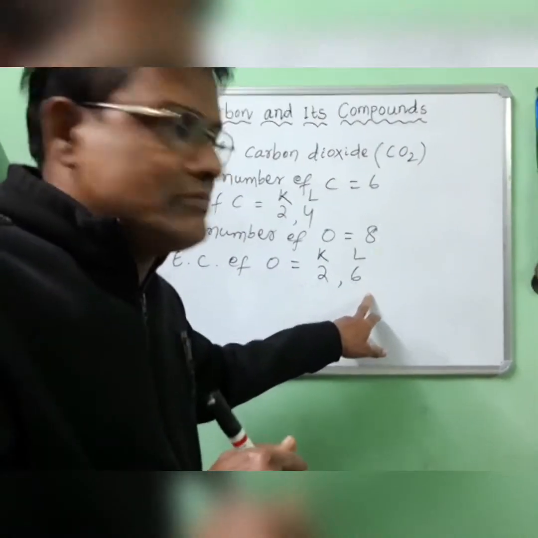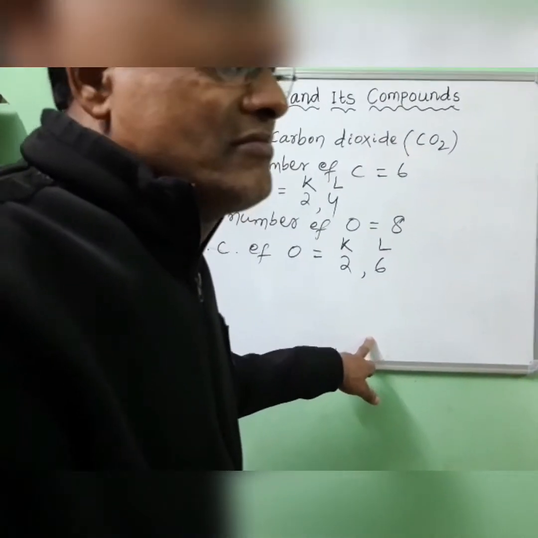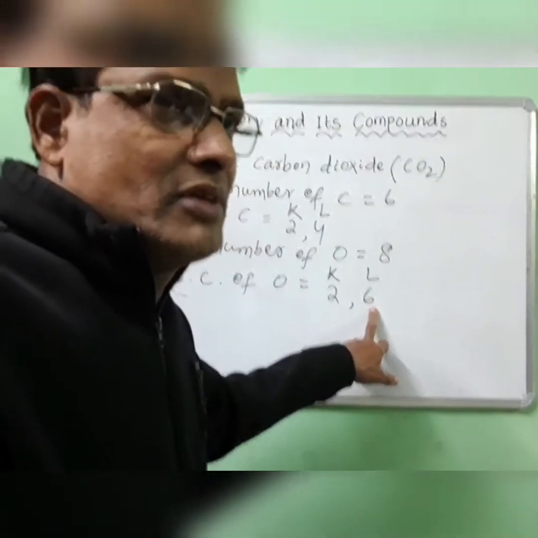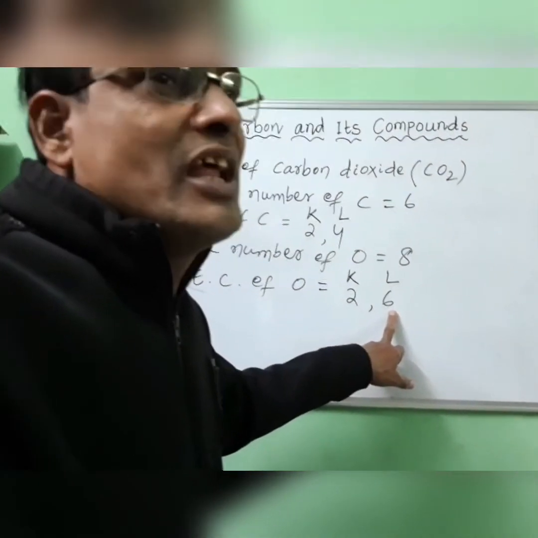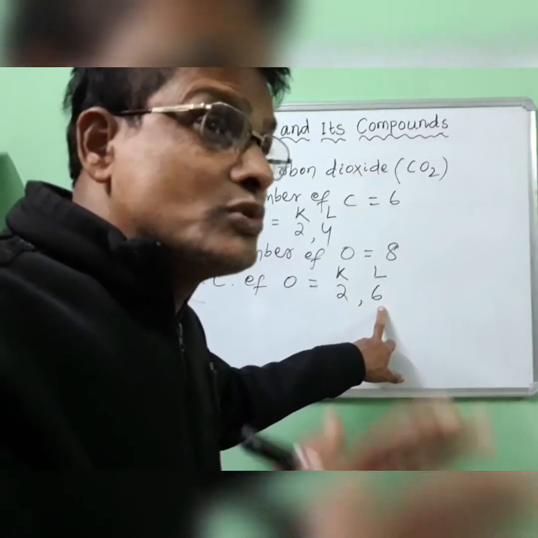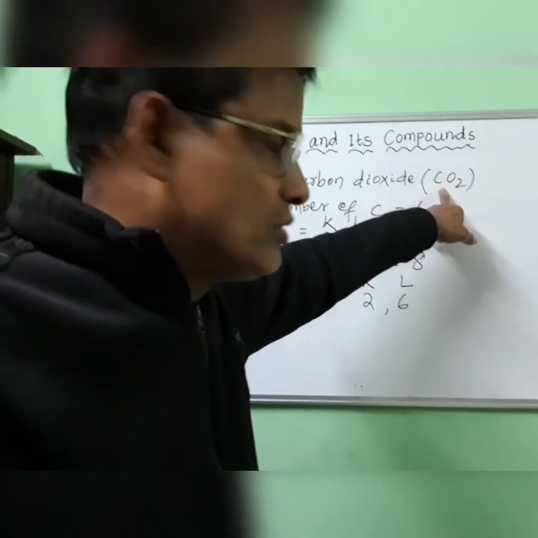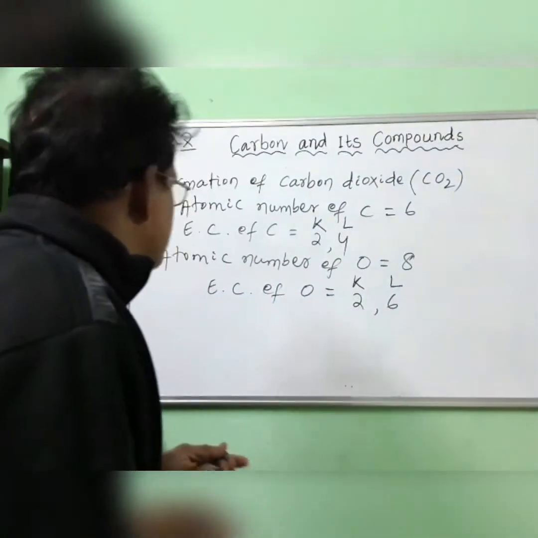Each oxygen atom will attain the octet, or the nearest noble gas configuration, by sharing its two electrons with the carbon atom. Okay, so let us draw.